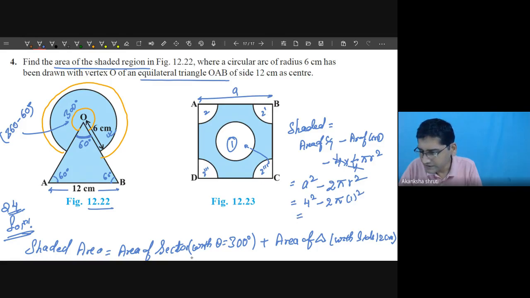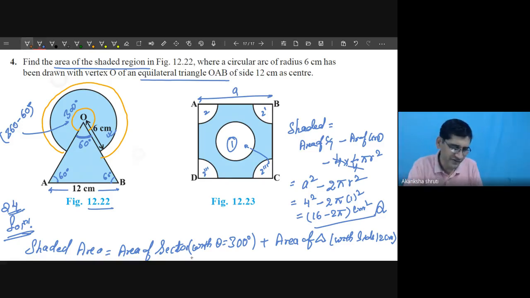So it is like 16 minus 2 pi. So this much centimeter square. Okay, you can substitute the value of pi, which is very easy. So this was our question number 5.